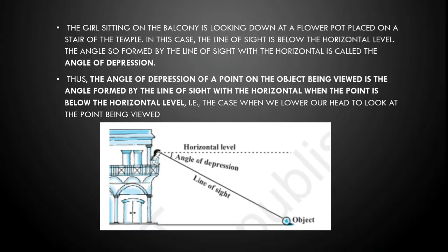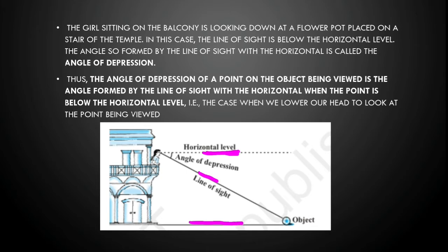Now the next situation: a girl sitting on the balcony is looking down at a flower pot placed on the stair. In this case, the line of sight is below the horizontal level. I am considering this one as the horizontal level because these two lines are parallel to each other.